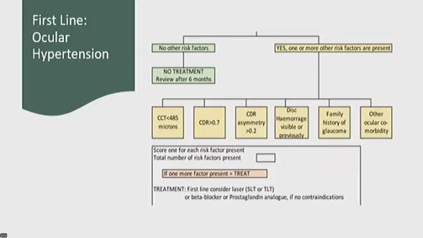But if you don't have a laser in the room, can I see your hand? Okay. It appears that everybody has a laser. I asked if you do not have a laser, and I saw only 2 hands. So that's great. So in ocular hypertension, yes, you should make medications your first line if you do not have access to a laser.